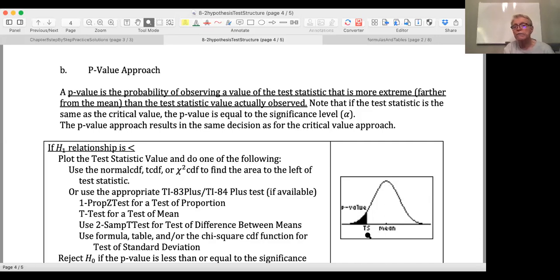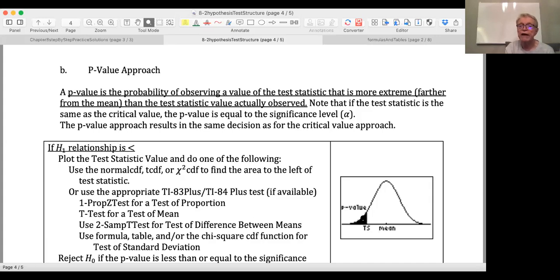And when we plot this test statistic for finding p-value, what we're going to do is find the area underneath the curve, because we're talking about probability, the area underneath the curve farther away from the mean than the given or computed test statistic. And for a left-tailed test, it's one tail.